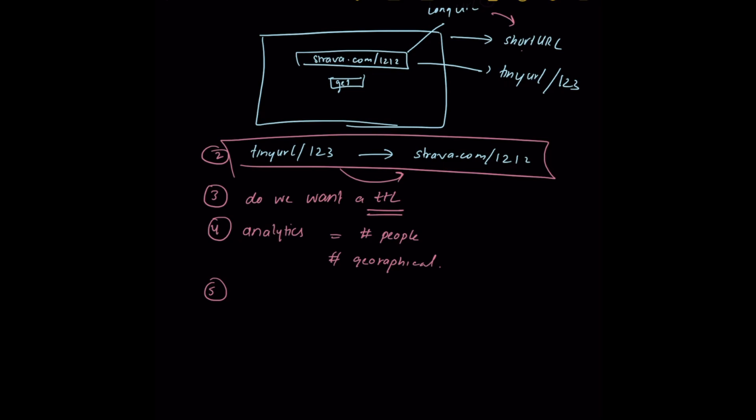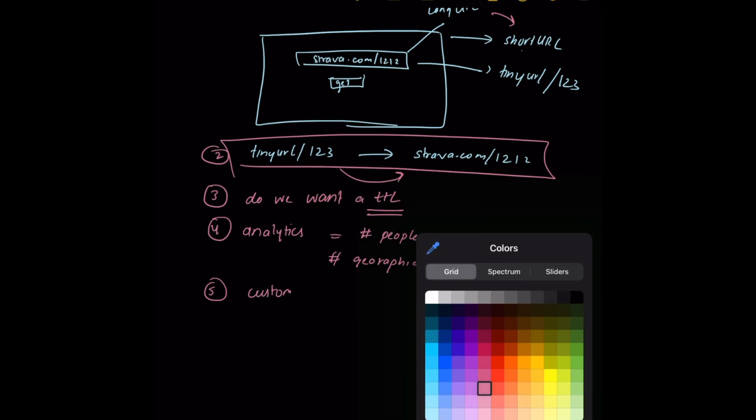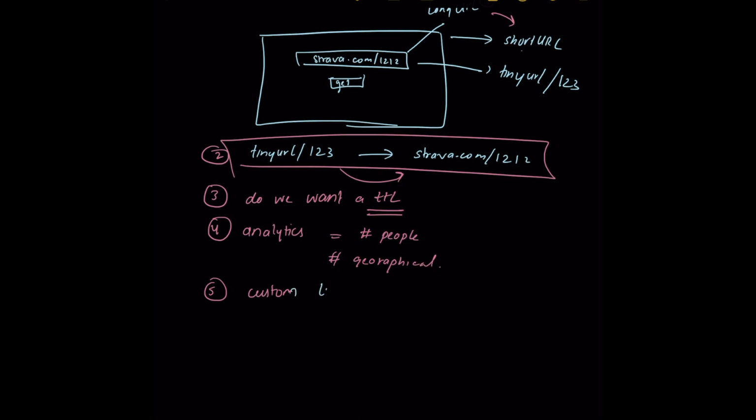Do we want to give custom links, like, instead of having this random Strava 1, 2, 3, 4, we can have our own, say tiny URL Shivi. So instead of giving them a random tiny URL, they can make their own.